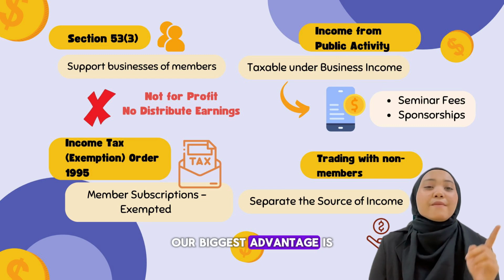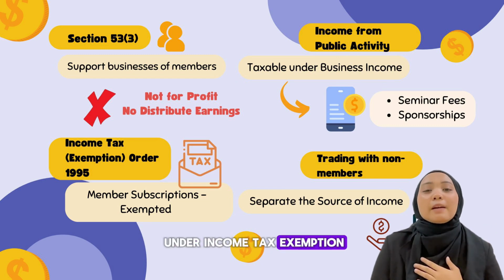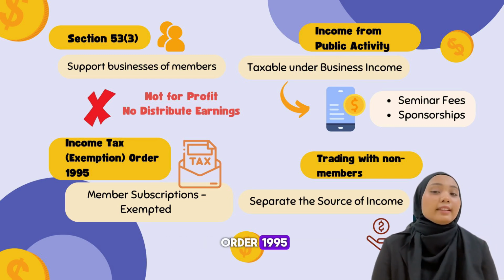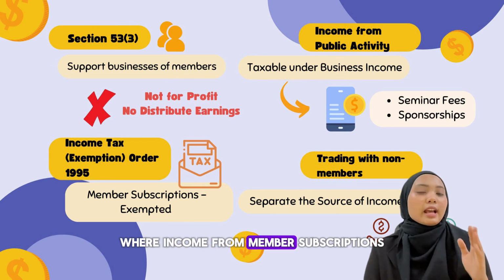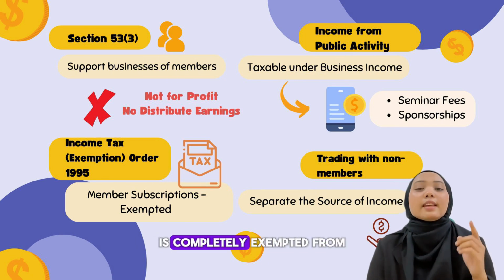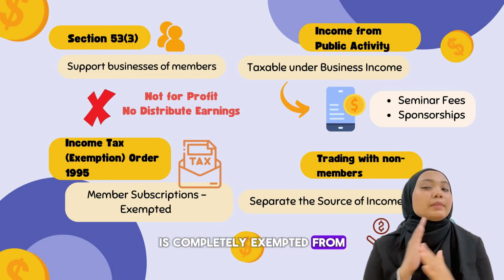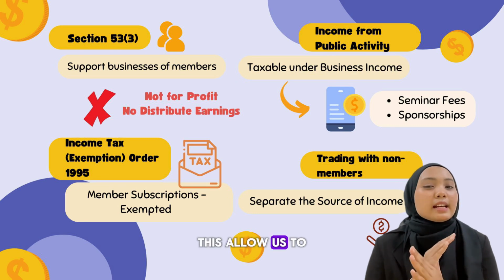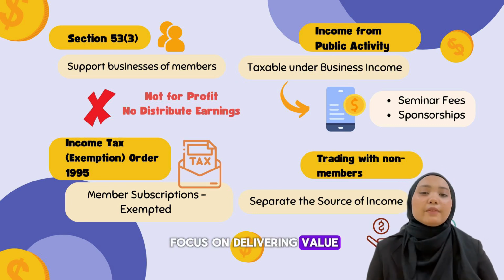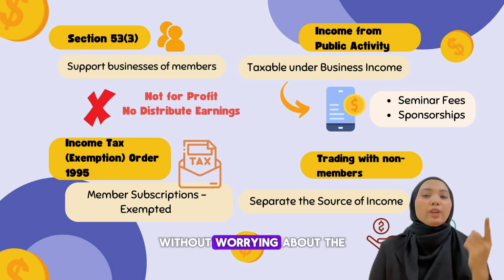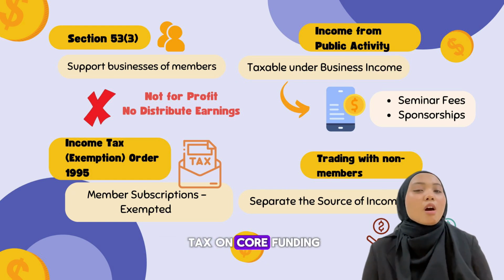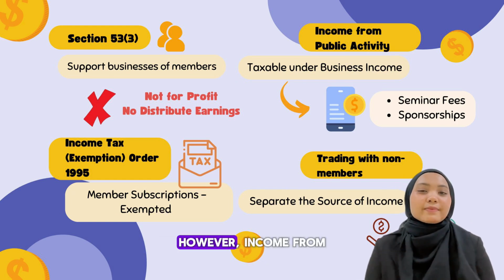Our biggest advantage is under Income Tax Exemption Order 1995, where income from member subscriptions is completely exempted from tax. This allows us to focus on delivering value to the members without worrying about the tax on core funding.